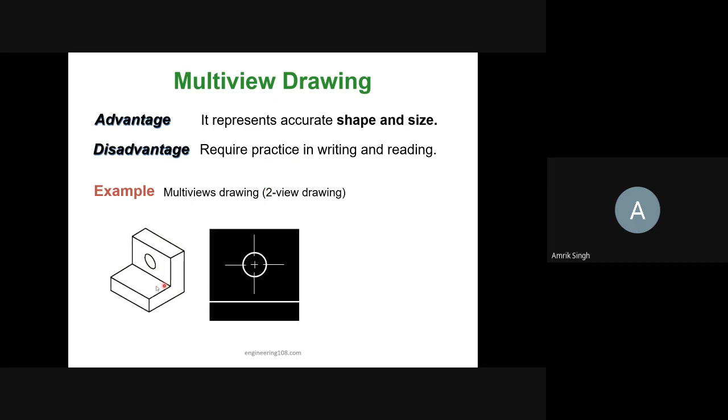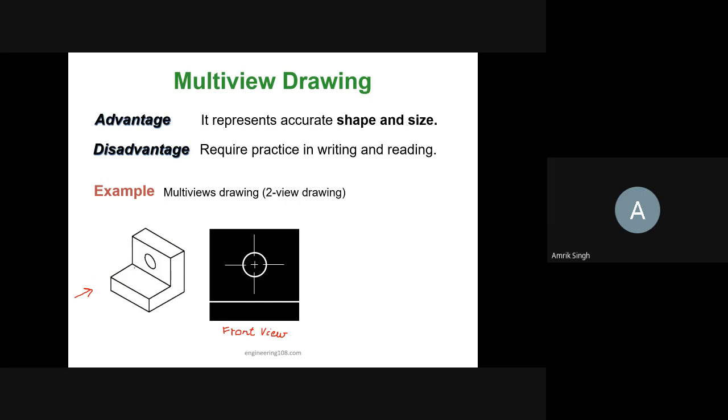So you see, if you see from the front, suppose you are looking from this side. So this is the front view. Our eye will look at this. A rectangle is there.